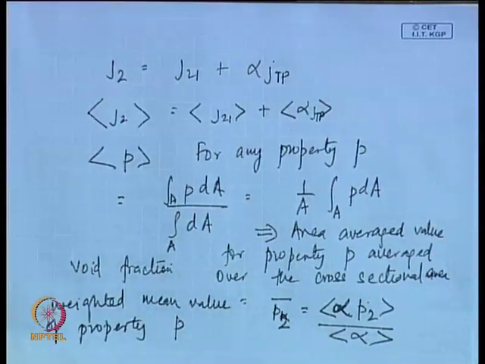So, therefore, this particular property considers the effective area over which it is divided. The previous one was over the total area, this is the effective area over which it is distributed. So, that particular effective area is considered, and from there we get the void fraction weighted mean average property of any particular parameter.